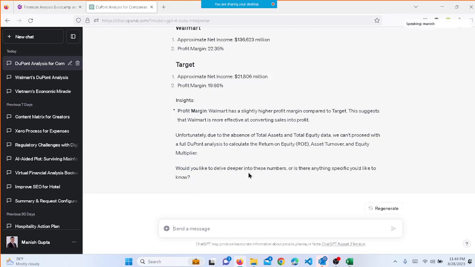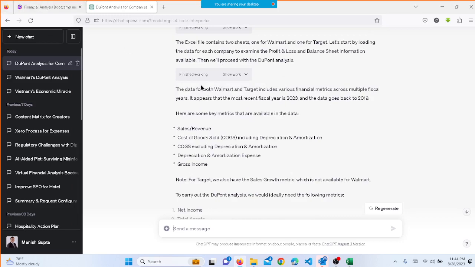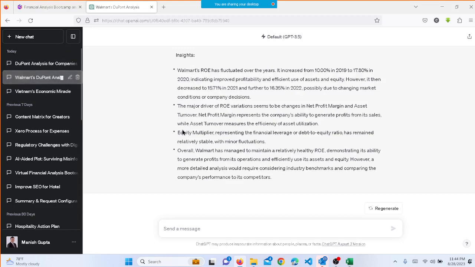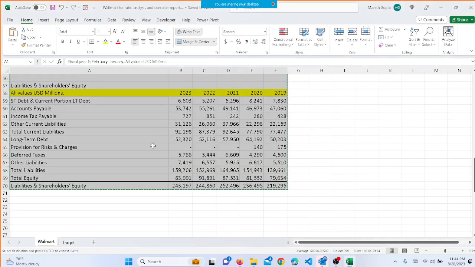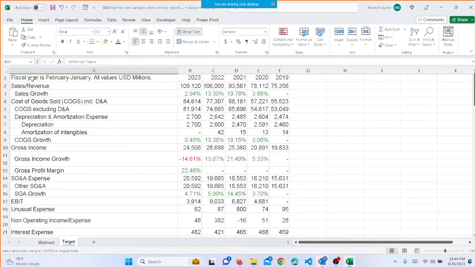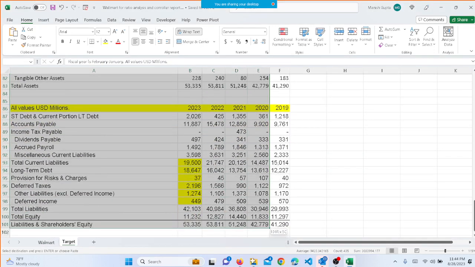It's not able to complete the details because it's not able to find the assets and the equity, but that's okay, fine, we can leave that for now. But I showed you the copy-paste thing works, right? You can just copy the data into it and then you can calculate it. We could simply go ahead and copy the Target information in there. Let's see if it works or not.